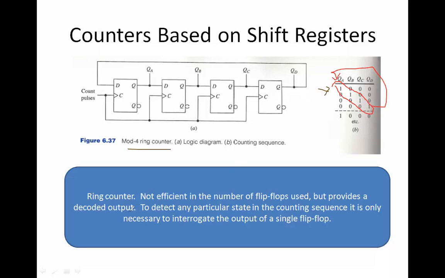It is not that efficient in the number of flip-flops used, but it provides a decoded output. To detect any particular state in the counting sequence, it is only necessary to interrogate the output of a single flip-flop. So as I mentioned, if you want to check the values at any point of time, these tap points, these access points, are available.